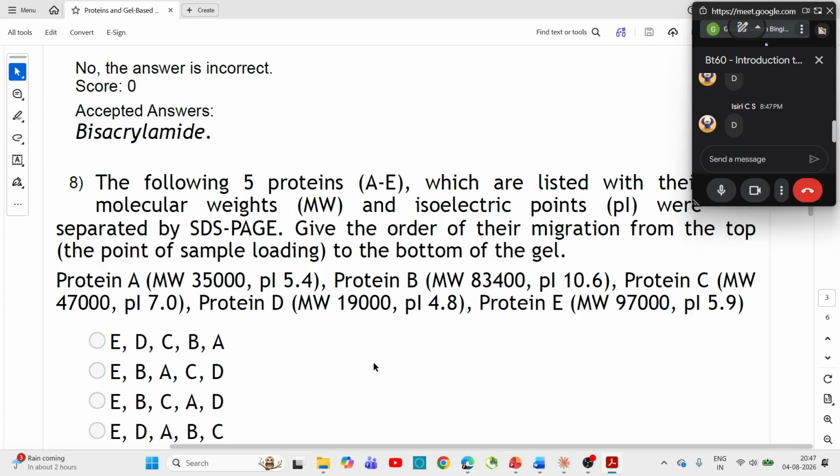In SDS-PAGE, what would be the migration from top to bottom? E, B, C, A, D.